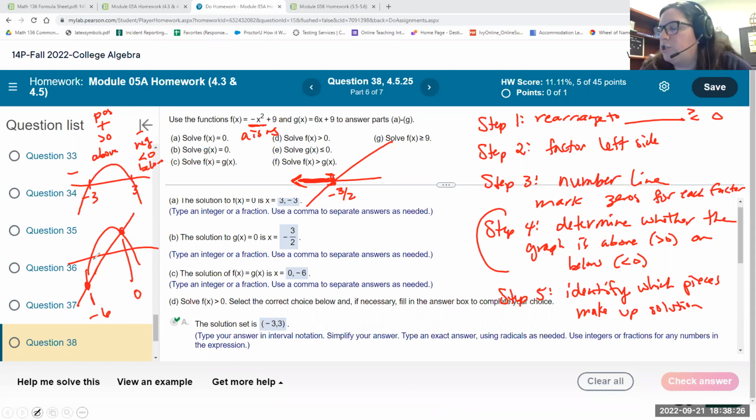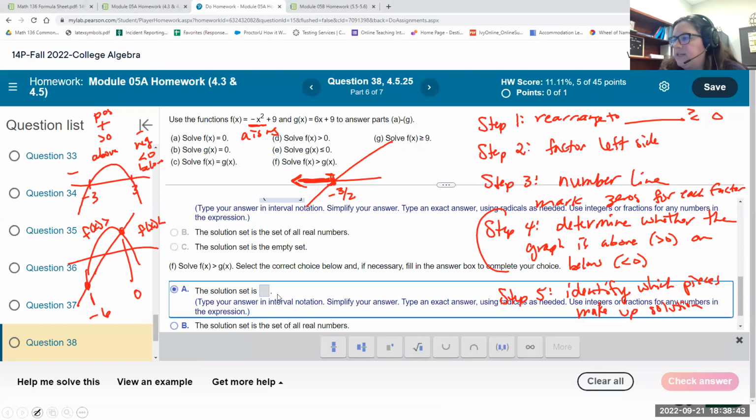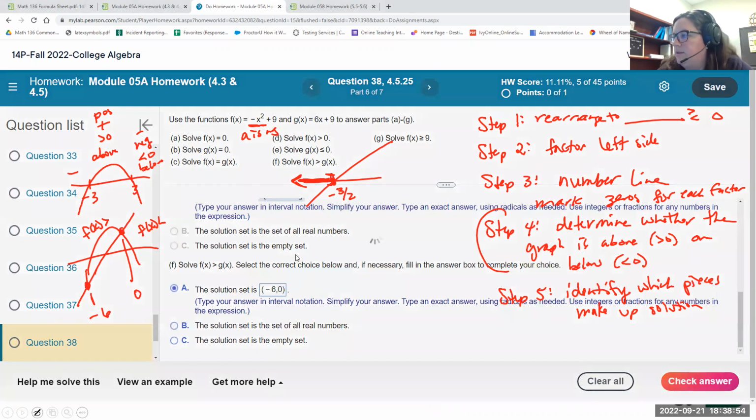Between those intersections, the parabola f of x is above, and on either side the parabola is below. So we're looking for that middle piece between -6 and 0. It's just a greater than, not a greater than or equal to, so using parentheses.